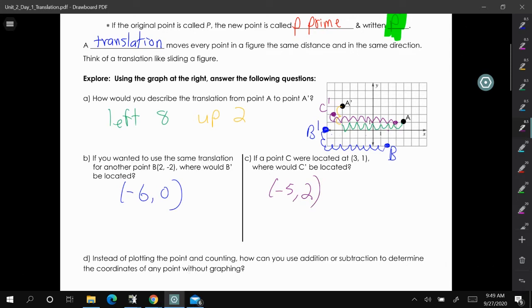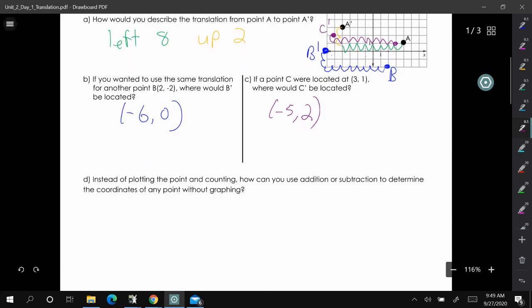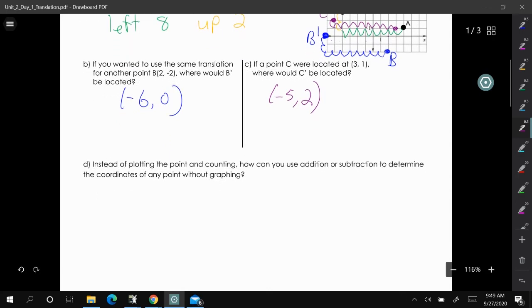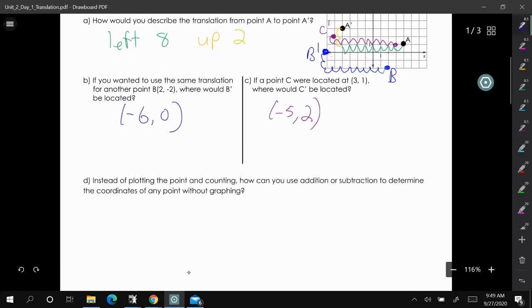So as you can see, your picture would get very messy if you're continually drawing on it and then erasing it. So instead of plotting and counting, we can use addition and subtraction instead.